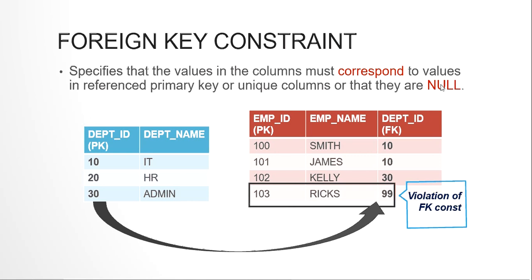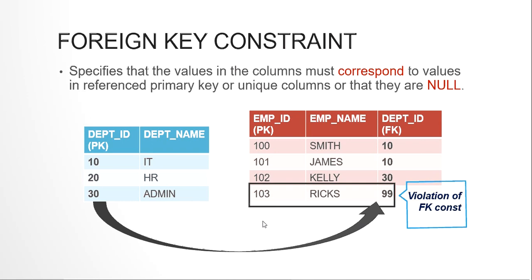Now to understand this foreign key constraint, I would like to explain it with an example. Say you have a departments table where you are storing department ID and department name of an organization. Say your departments are an IT department, an HR department, an admin department, and you have given some numbers to them, say 10, 20 and 30.